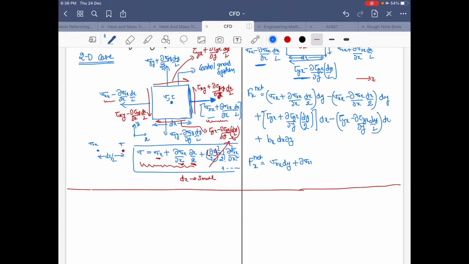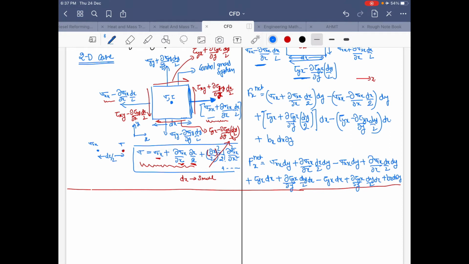This is when you will open all the brackets: sigma xx dy plus del sigma xx by del x dx by 2 into dy minus sigma xx dy plus del sigma xx by del x dx by 2 into dy, plus tau yx into dx plus del tau yx by del y dy by 2 into dx minus tau yx into dx plus del tau yx by del y dy by 2 dx plus body force in x dx dy.